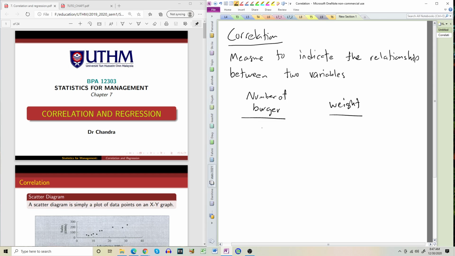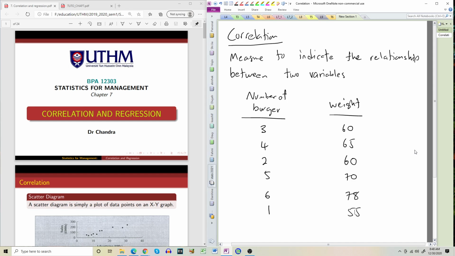Let's say the number of burgers eaten is 3, 4, 2, 5, 6 and 1. The weights would be 60, 65, 60, 70, 78, 55. Okay, let's say these are the two variables: one is number of burgers, another is the weight of the person.